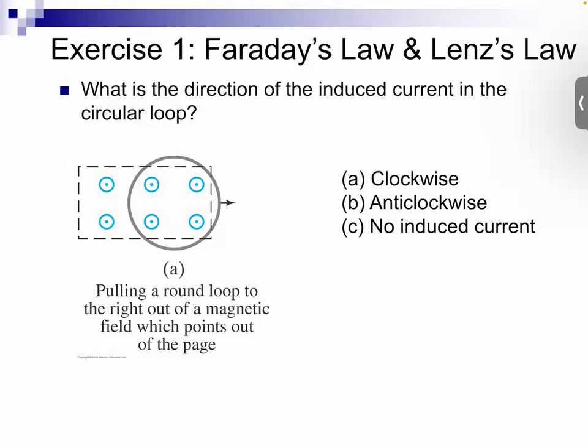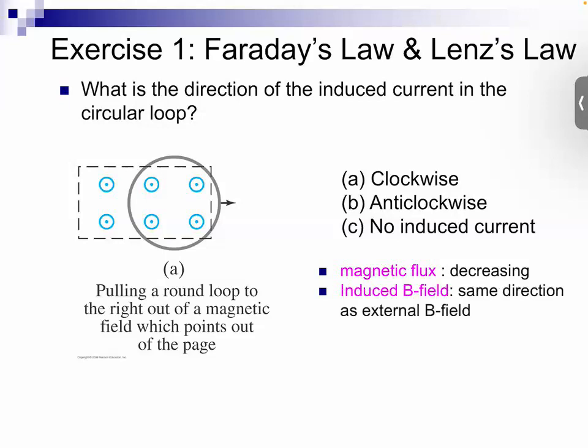So these are the 2 new created magnetic field lines. Your thumb points in the direction of them, and your fingers curl in the direction of the induced current. Right, so the magnetic flux is decreasing when you move to the left.